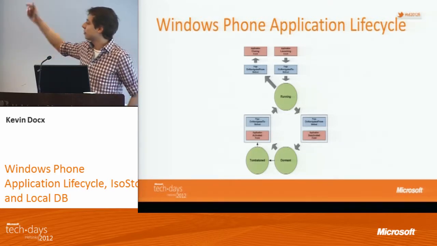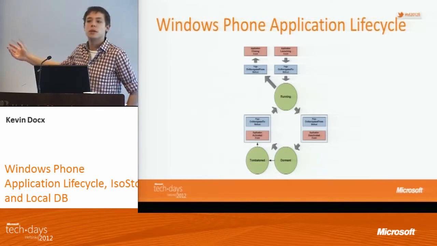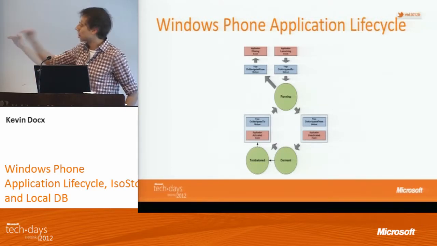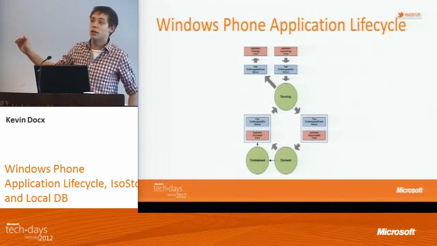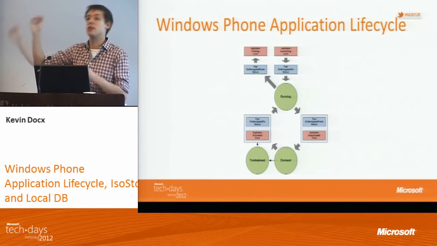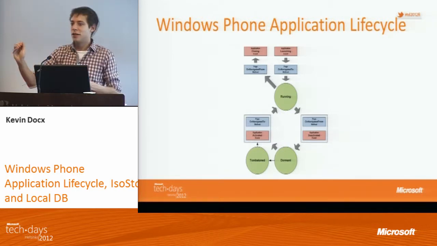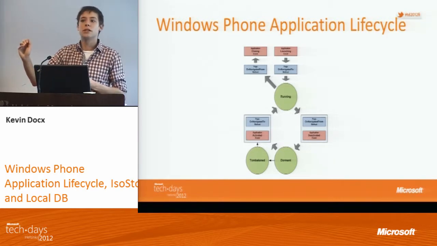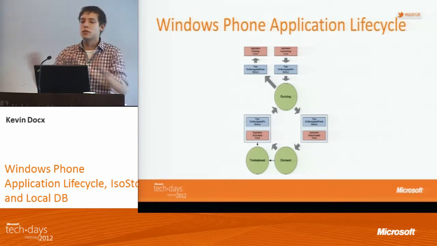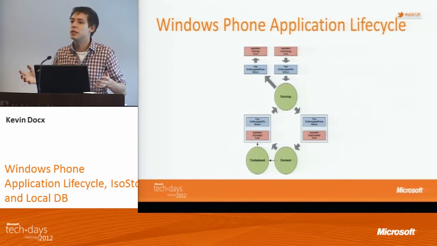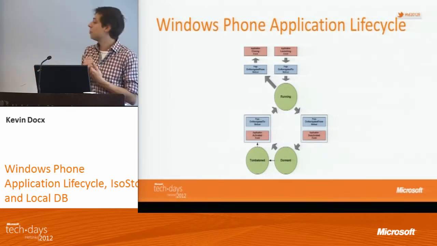A user can move forward, just launch another application. Your app goes in the dormant state. After a while, the operating system decides your app has to go into tombstone state. And after a while, the operating system can decide your app has got to be terminated because more memory is needed. So that's 3 things you need to keep into account.